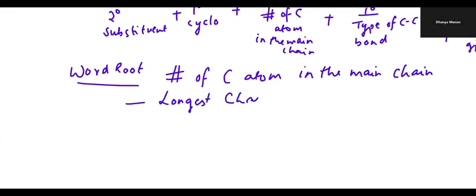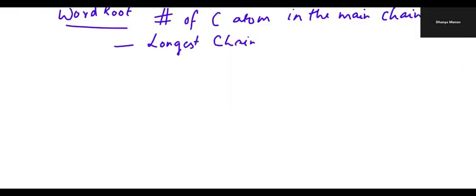We usually take the longest chain. Okay. So if there is one carbon atom, we call it meth, for methane. If there are two carbon atoms, so these terms you should know, ethane, or if it is a double bond, ethene. So this is just the word that we use for two carbons: eth. If it's 3 carbons, we use prop.